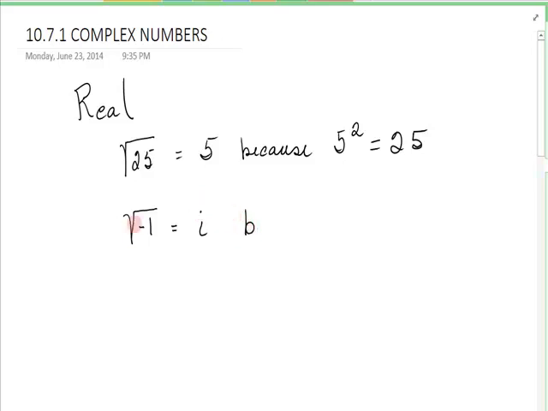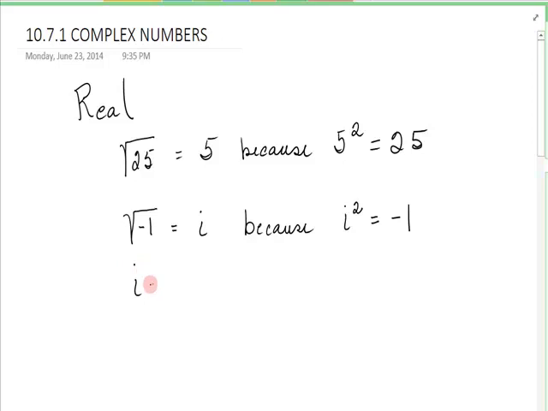And the square root of negative 1 will be called i, and the rest of this definition, i squared equals negative 1. Now that's a definition. We don't have to prove it. It is simply written in mathematics as a true statement. So now that we have involved this new number, now we can take square roots of negatives.